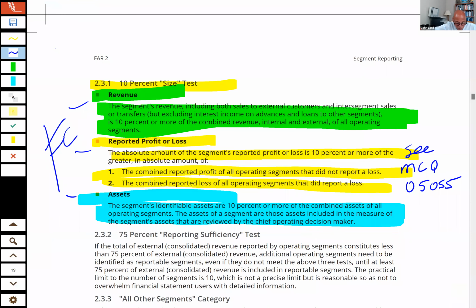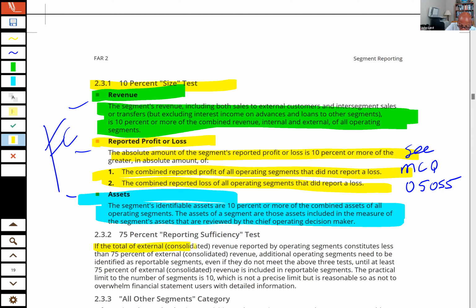Now we have another rule here, which is the 75% sufficiency test. With the 75% sufficiency test, we have to see whether we have reported enough segments using the 10% test to constitute at least 75%. Now we look to the consolidated revenue.